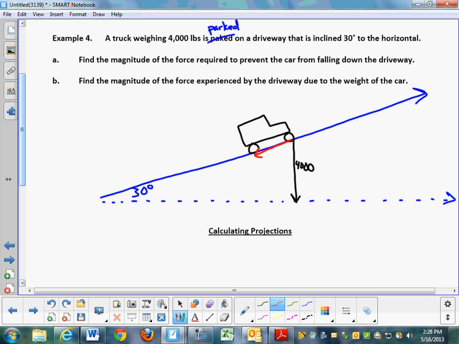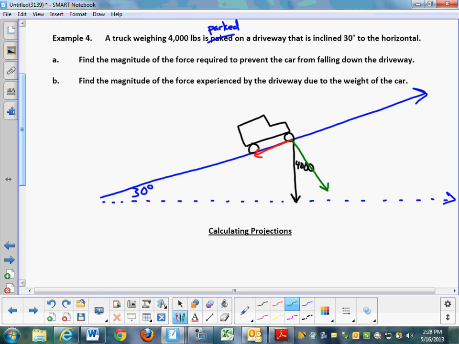And then I have another component, which is the green one, the force against the driveway. So that's what the driveway is experiencing. Okay? The red one is the force required to try to keep the truck from rolling backwards.